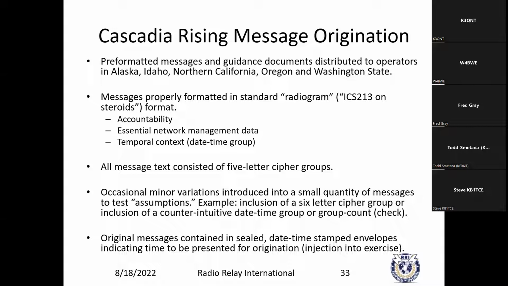The cipher groups didn't represent intelligence, but they tested the accuracy and skill of the radio operator.